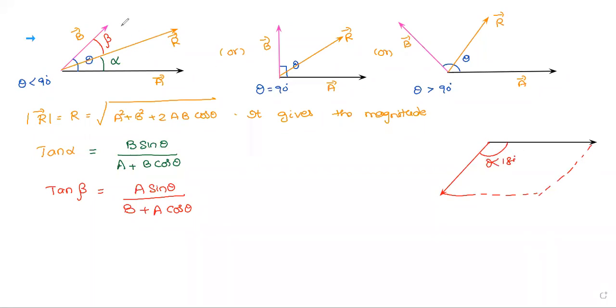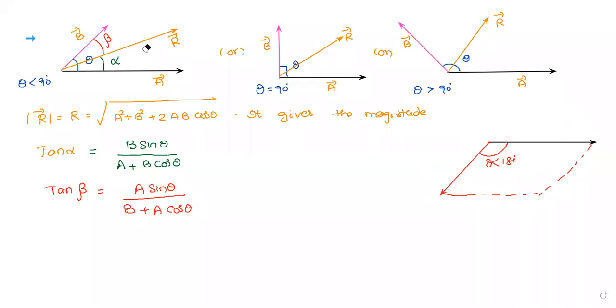That's why the angle between two vectors can be at most 180 degrees. If it is more than 180, we take the parallelogram on the other side, because you can't construct the parallelogram at the top. You can construct it at the bottom only, so you have to consider the bottom angle, not the top angle.